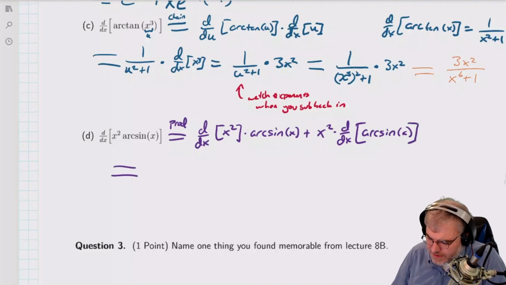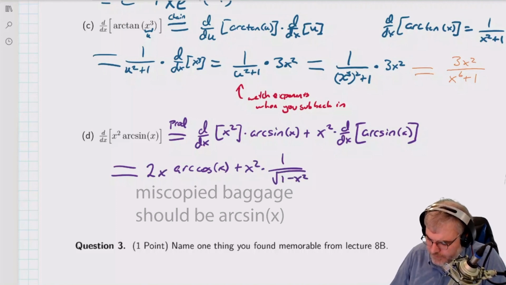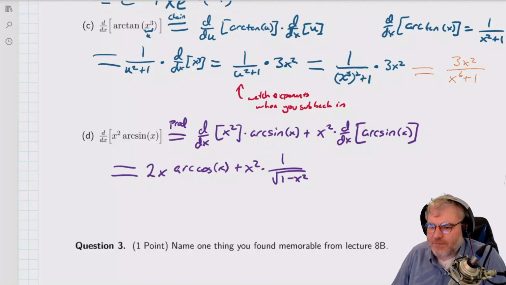And that is going to equal 2x arcsine of x plus x squared times 1 over the square root of 1 minus x squared. Okay. And then I'm done with that one.